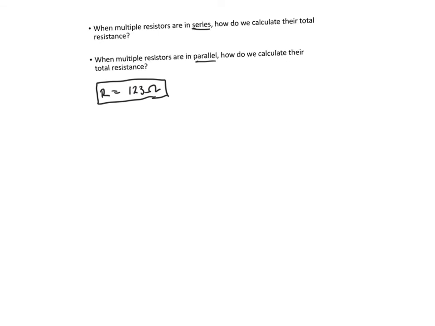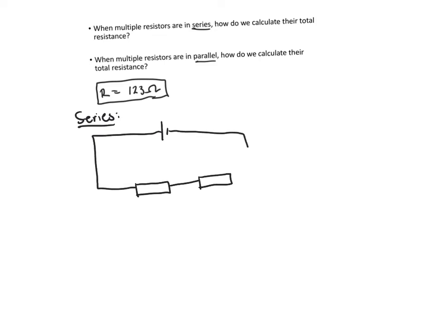Okay, so let's start with series combination of resistors. I will do it with only 2 resistors, but this can be applied in general as well. So let's call this resistor 1, resistor 2, and this equation can be expanded to more than just 2 resistors.